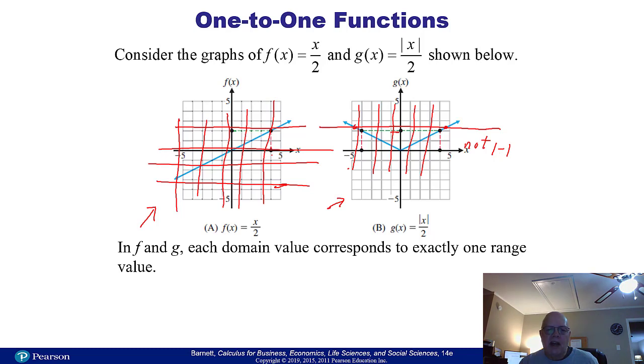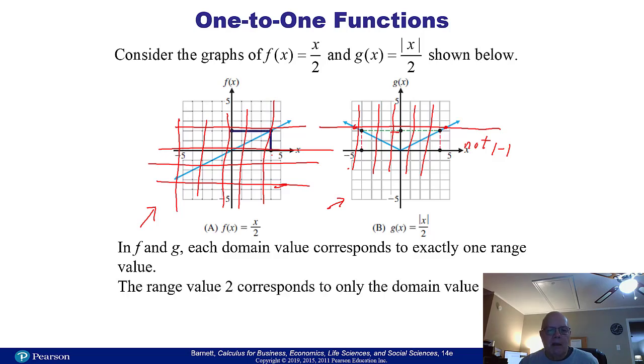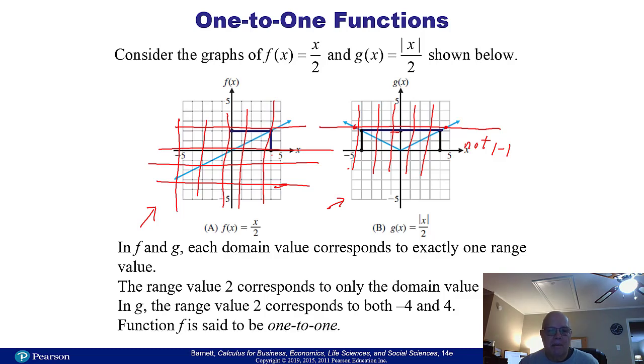For f and g, every domain value corresponds to exactly one range value. That means it's a function. But the range value of 2 corresponds to only one domain value, 4, in f. Whereas in g, the range value corresponds to both -4 and 4. And that's what makes it not a one-to-one function.